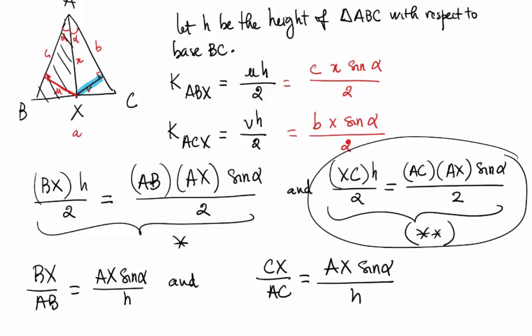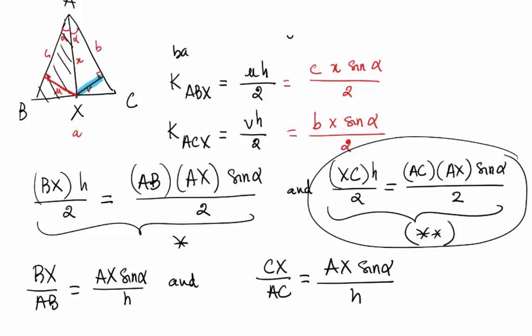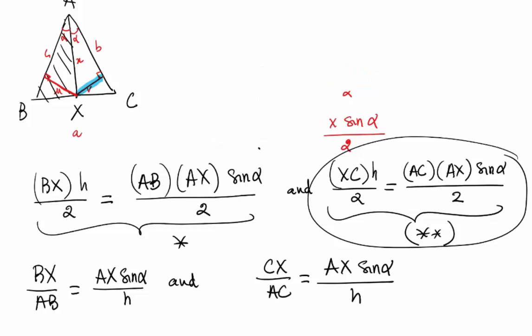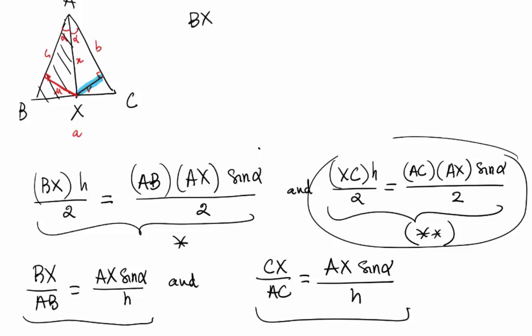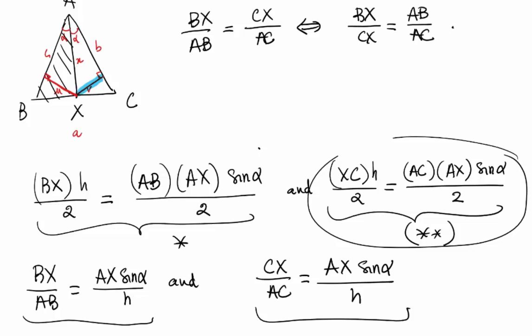So these two quantities are equal to each other, so we can then say that BX over AB is equal to CX over AC, and this is in fact equivalent to BX over CX equal to AB over AC, which is exactly what we want.